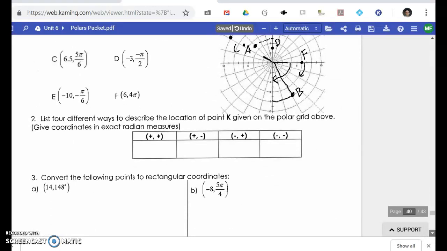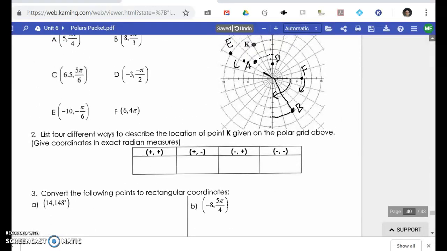Next, we're supposed to find out where the location of point K is in 4 different ways. So first, if we do an angle of rotation that is positive, it appears to me that that's an angle of 2 pi over 3. And if you're having trouble figuring that out, remember that this top section is divided into 12ths. And so that means that this would be pi over 12. This would be 2 pi over 12, which is pi over 6.